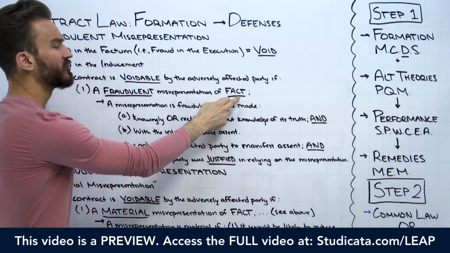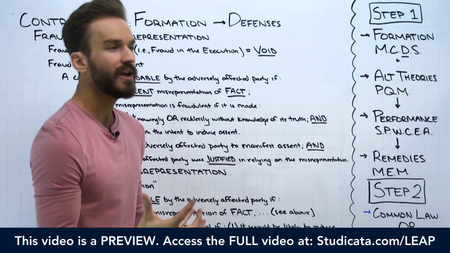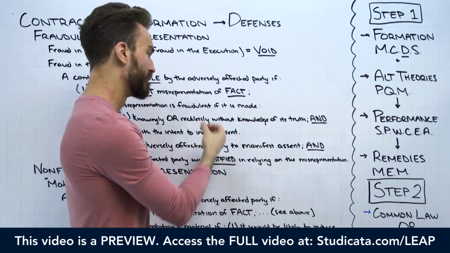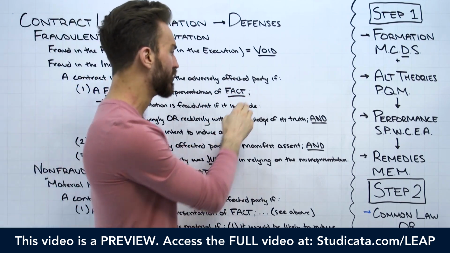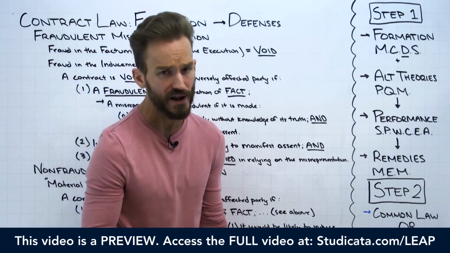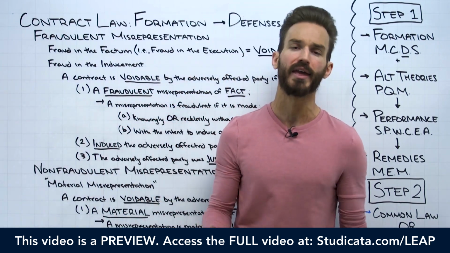Now, the one exception to this idea is if it's an expert opinion from an expert, right? An expert who is giving an expert opinion, right? And one of the big cases that illustrates this really well is Vokes v. Arthur Murray Incorporated. This is a really well-known contract law case.